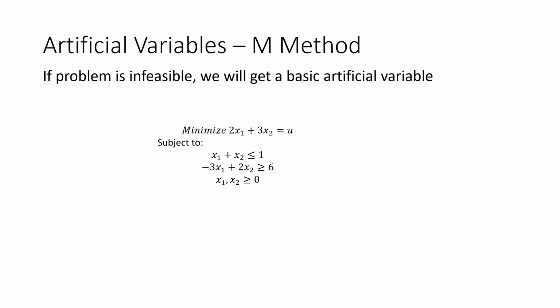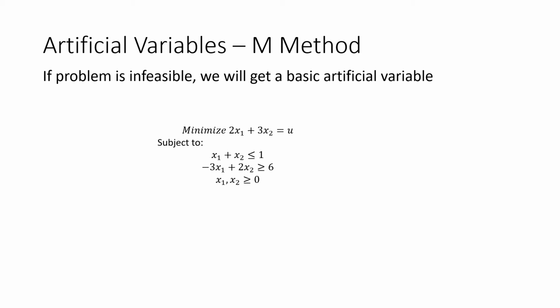So when you're done your pivots, make sure that your artificial variables are non-basic. In other words, they're on the left side of your tableau. If not, there is no solution. If they have moved there, you can just read off your solution.